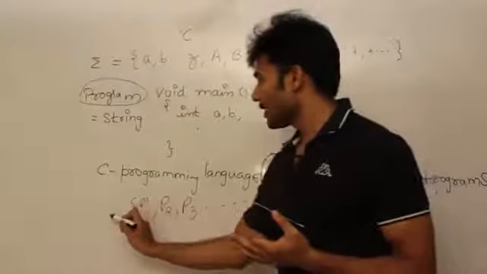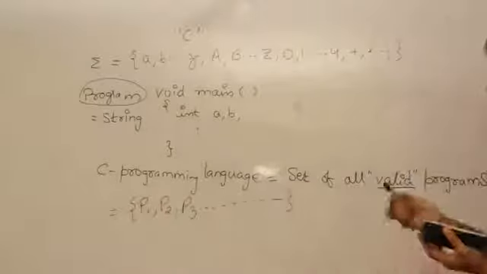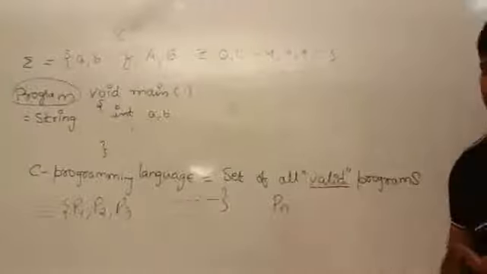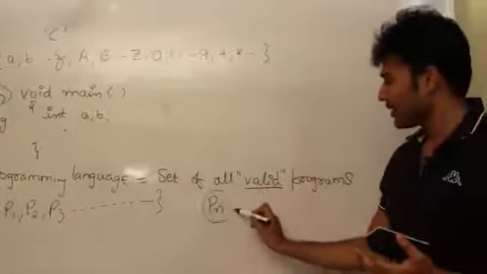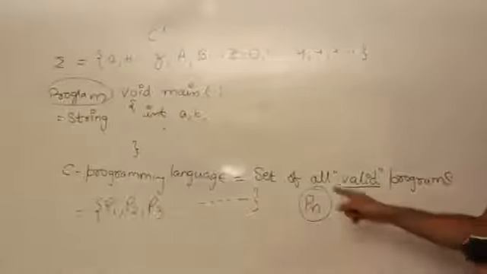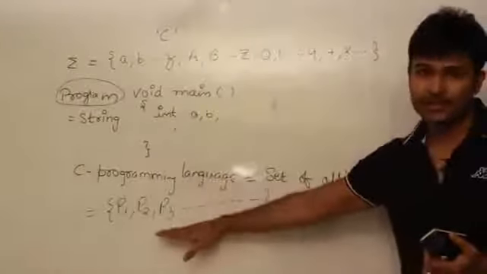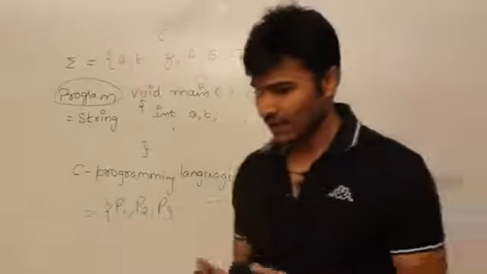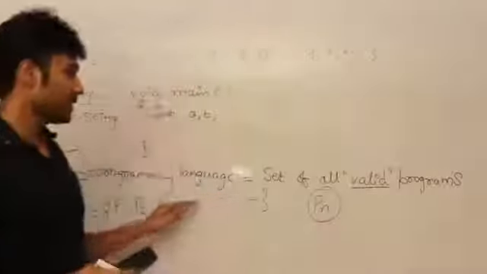So the C programming language is going to be infinite. Now the next question is, given any program Pn, how can you say that it is valid? We can say that it is valid if the program is present in this set, in this language.